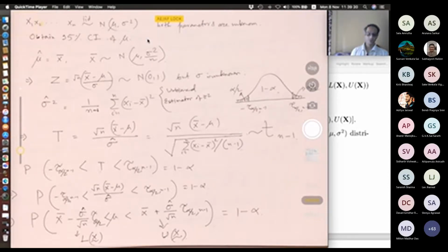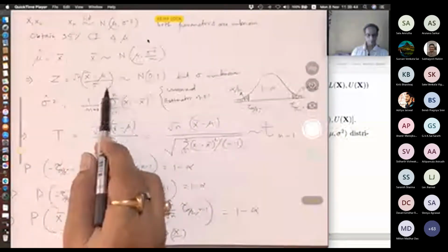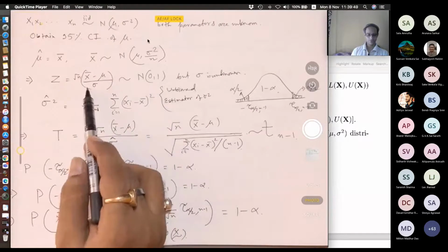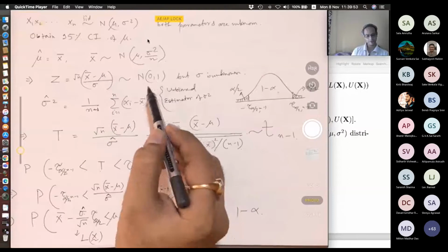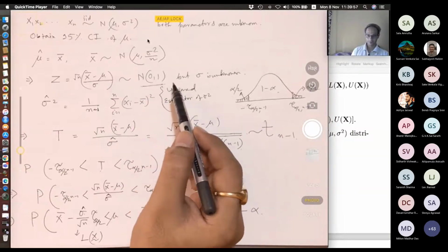Well, there is a more advanced version of it. If you know that this thing follows normal(0, 1), first of all, you need to make a transformation in such a way that this side you will have no unknown parameter.